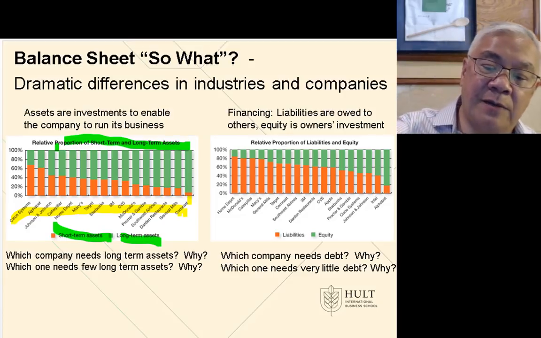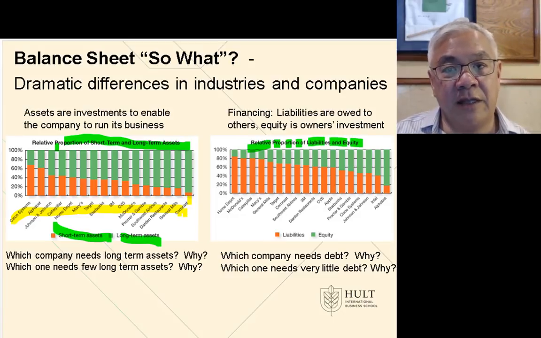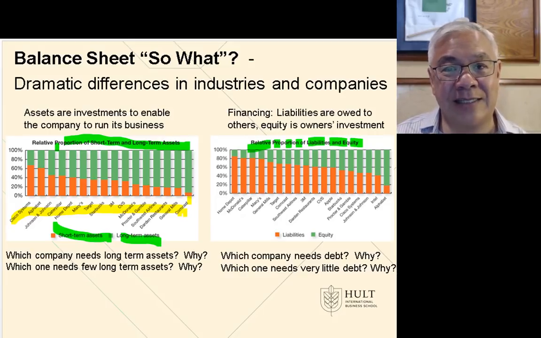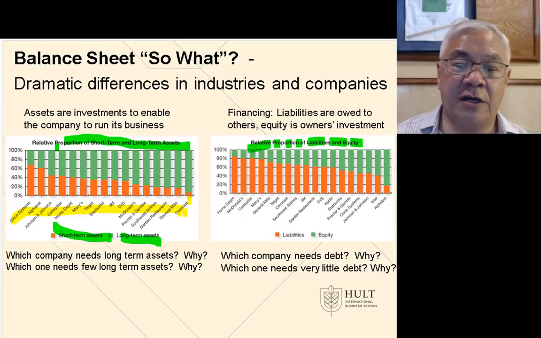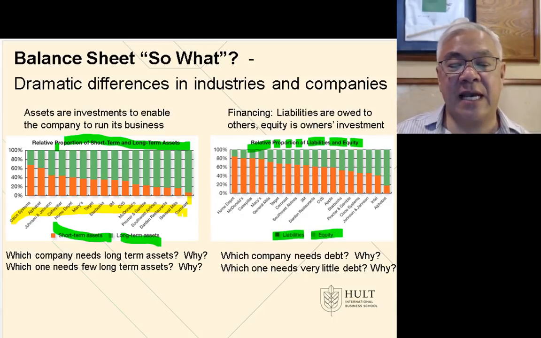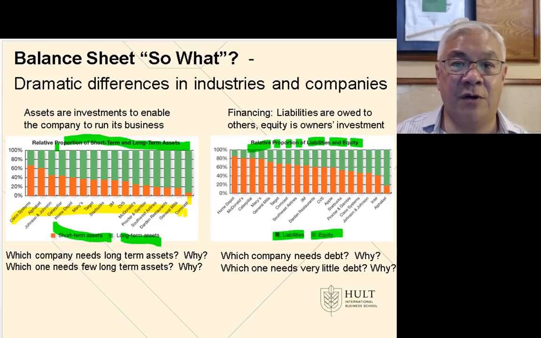On the right side, we have the relative proportion of liabilities and equity. You recall that this is the right side of the balance sheet, and it's where did you get your money? Like who enabled you to buy these assets? So the orange here represents liabilities, and the green represents equity. So the ones with more orange have more debt. The ones with more green have more equity.